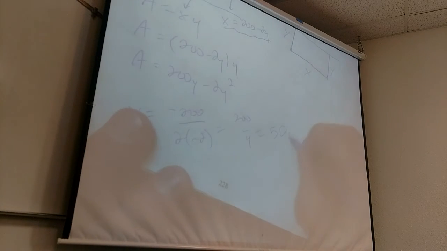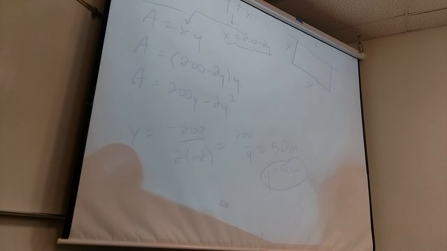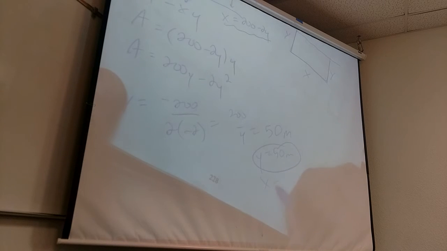50 meters. So what's x? So y is 50. How do I get x? If only I had an equation. Oh yeah, sure. What's 200 minus twice 50? 200 minus 100. So x is 100 meters.